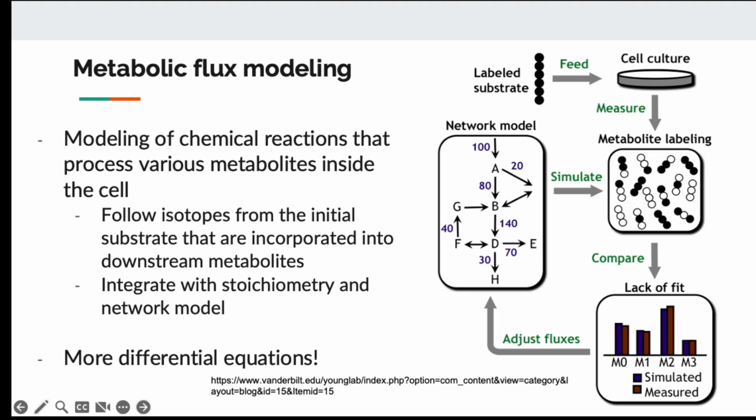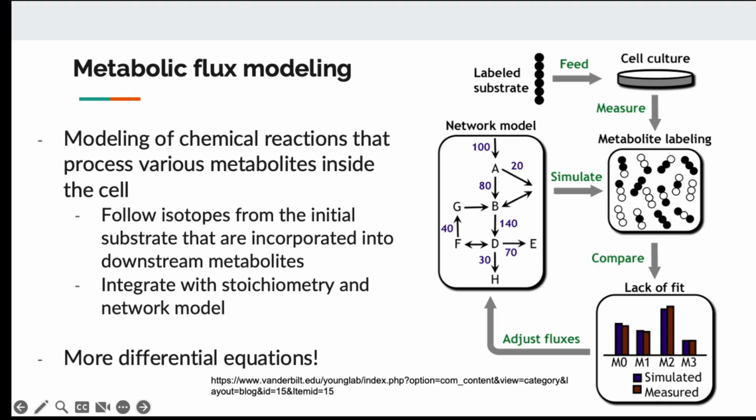Sometimes we don't really know about the dynamics of the pathway. If we put in 100% of the substrate, how much would be turned from A to B? How much would maybe be transferred to a different pathway? How much would come out as the product H at the end?